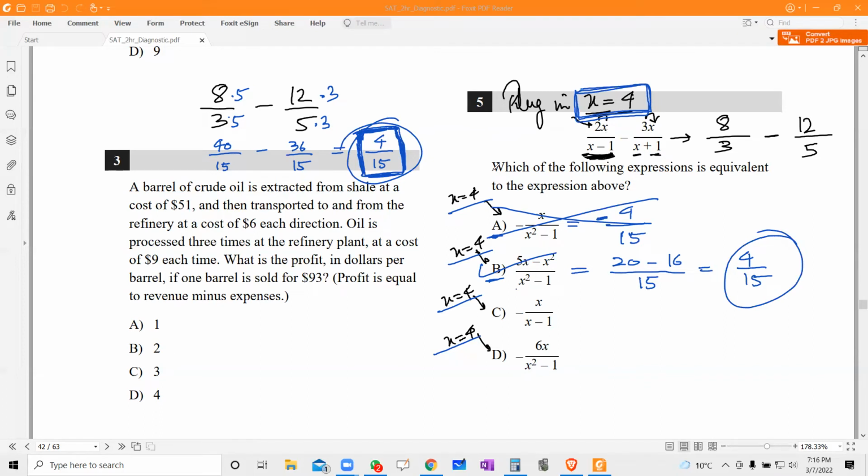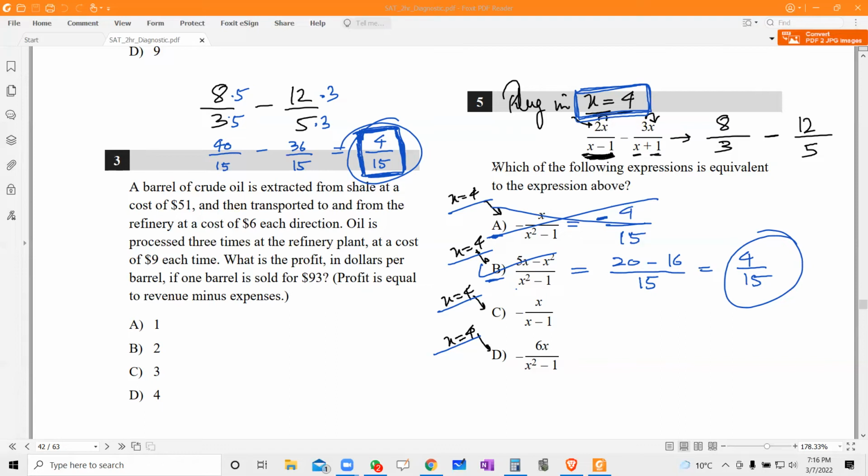Can you quickly tell me what strategy this is, and where we can use it? For question number 5, how did we solve it? We didn't know what x was, so we put in any number.